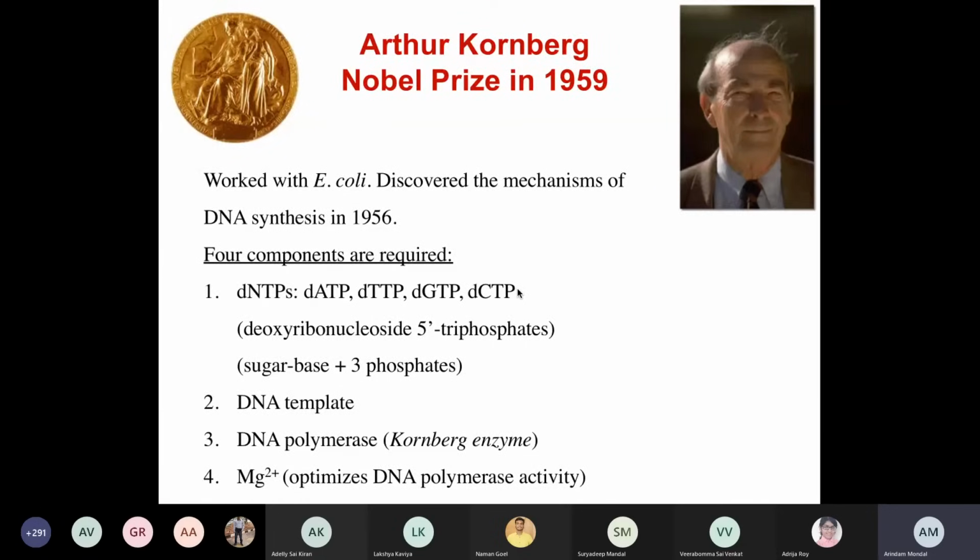Later in this course, you will see there is one lecture dedicated to enzymes, and there you will see the mode of action of enzymes, and the cofactors play a very important role in enzymatic activity. So if you remove magnesium ion from the reaction, the DNA polymerase will stop performing its action, and hence replication will not happen.